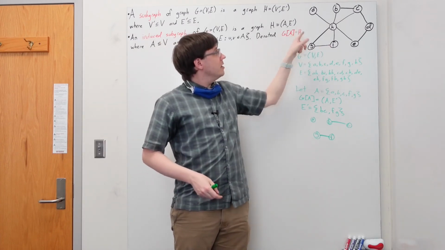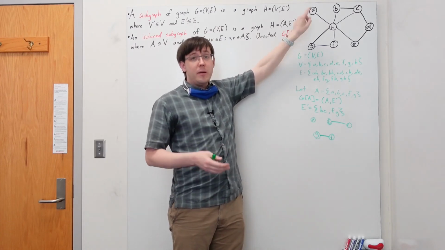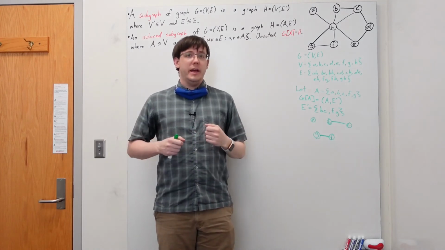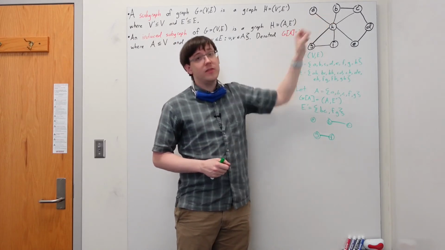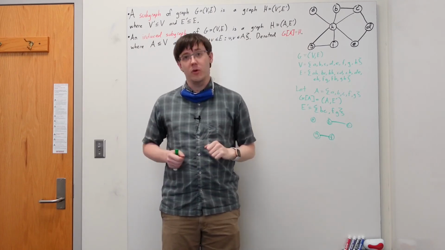So many of these people have more friends than they do in this graph, but those were not part of the subset of the vertices we chose. And so when we just preserve the edges within the vertices we've chosen, this is our resulting induced subgraph.